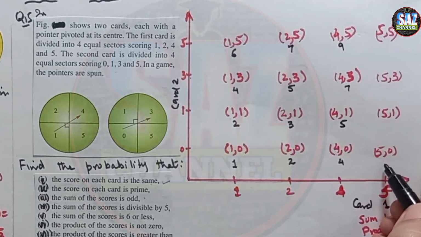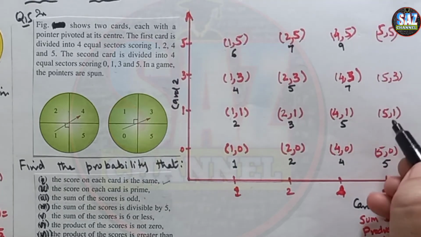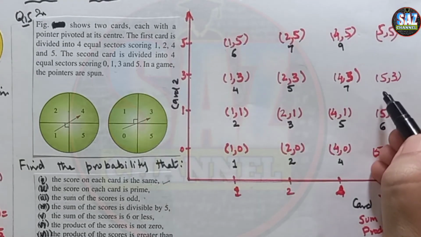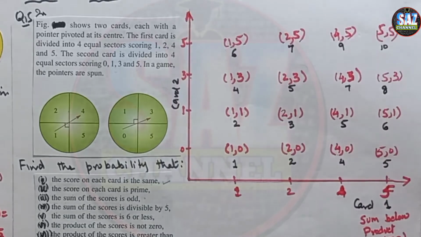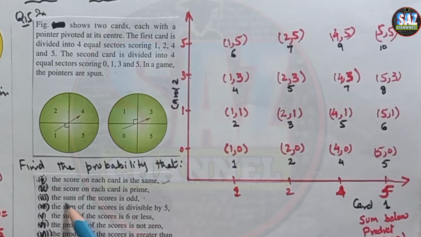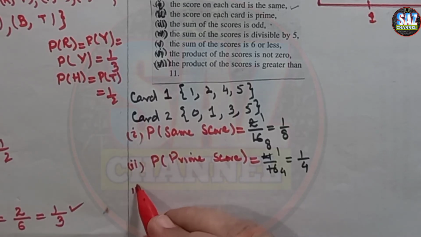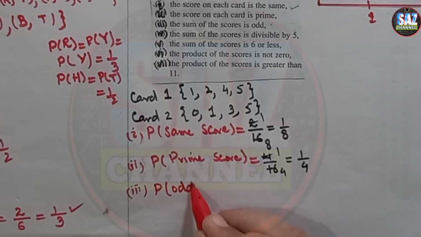Coming to the next column, 5 plus 0 is 5, and then 5 plus 1 is 6, 5 plus 3 is 8, and 5 plus 5 is 10. Okay, so the first part is done, second is done, third, the sum of the scores is odd. Probability of odd score.